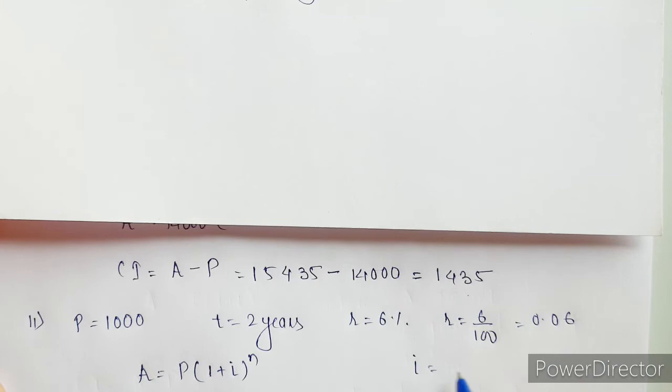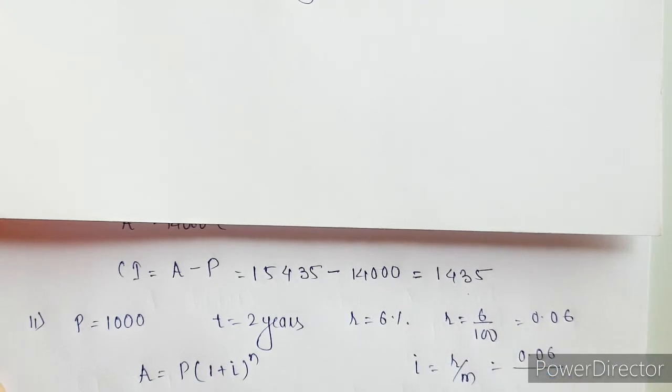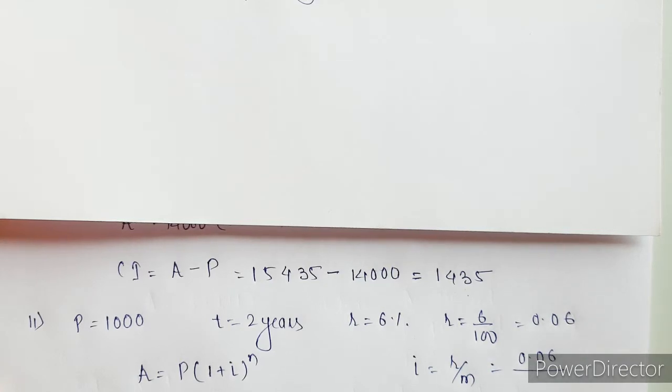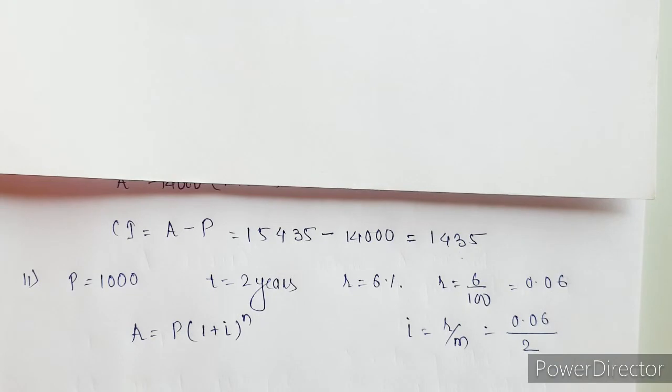What will be i in this case? It is r upon m, where r is 0.06. What is m in this case? It is compounded twice in a year, after every 6 months. So for a period of 6 months, our rate of interest will be 0.06 divided by 2.